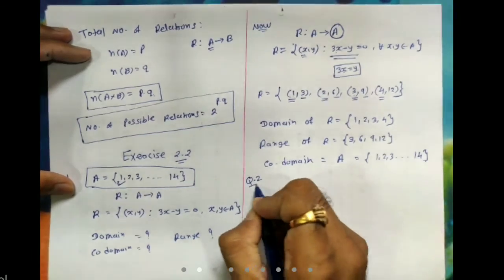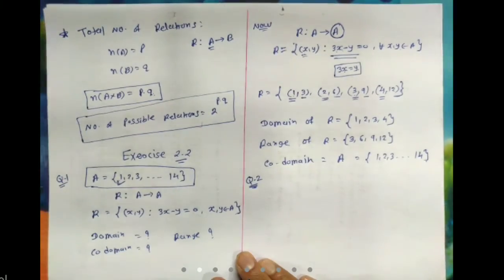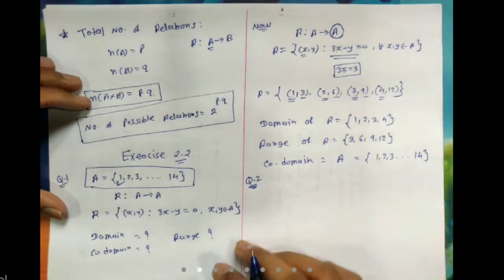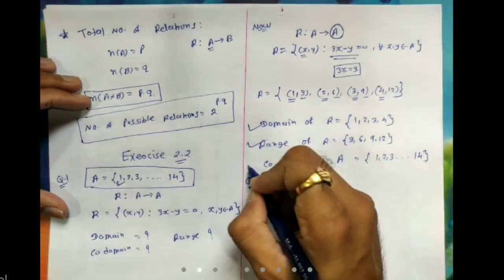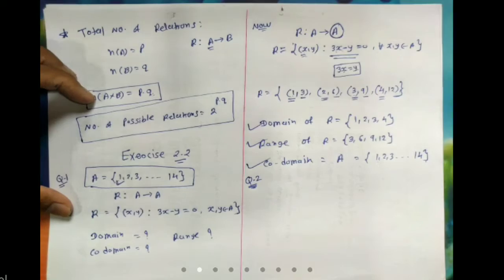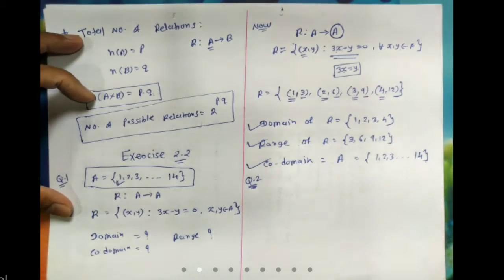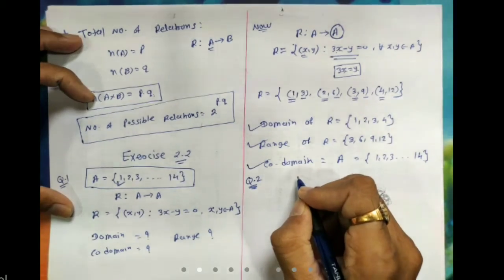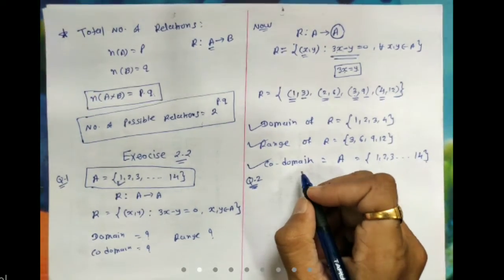Now, question number 2. All sums are similar. In all the questions we are finding domain, range, and codomain, whether it is mentioned or not. So now, define relation R on the set N of natural numbers. Until now it was relation R from set A to B and set A to A, but here it is given: defining relation R on set of natural numbers.